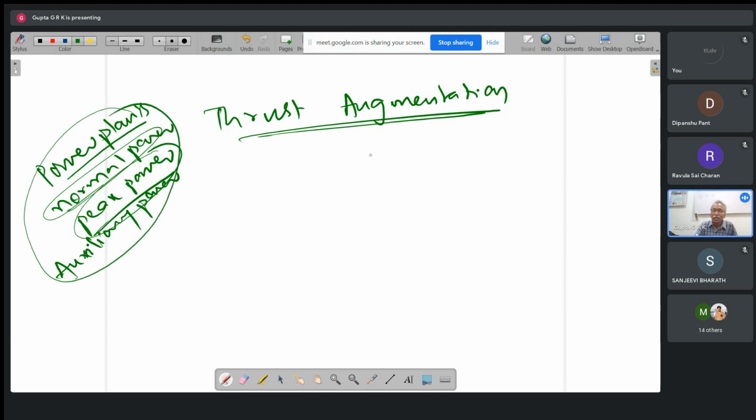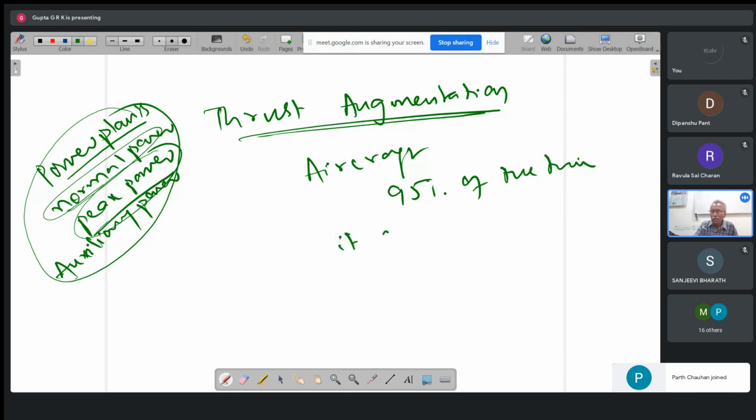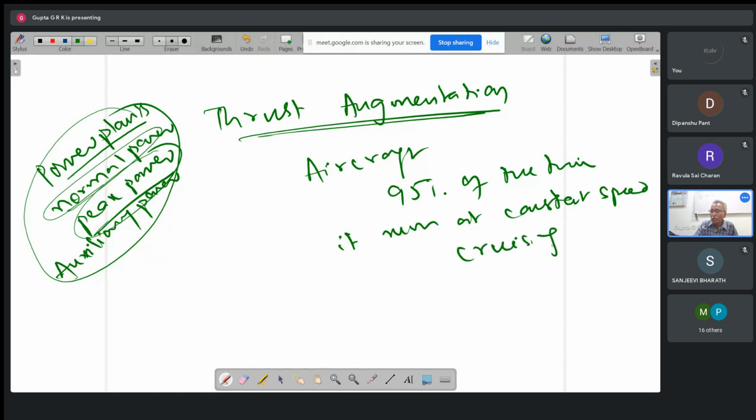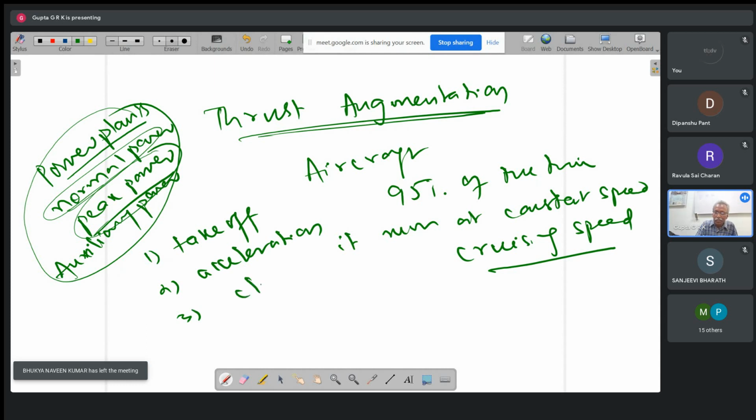In the same way, here, the turbojet or aircraft, I can say, not turbojet. So aircraft, 95% of the time, it runs at constant speed. This is called cruising speed. But there are times when there is takeoff or acceleration or climb.